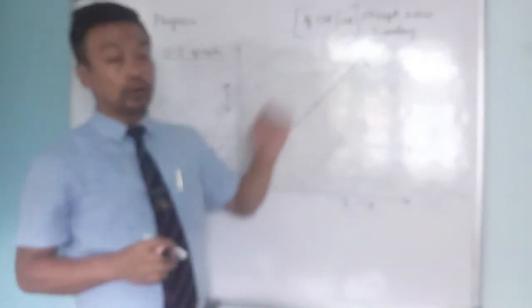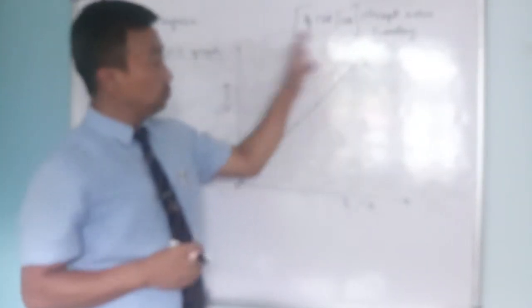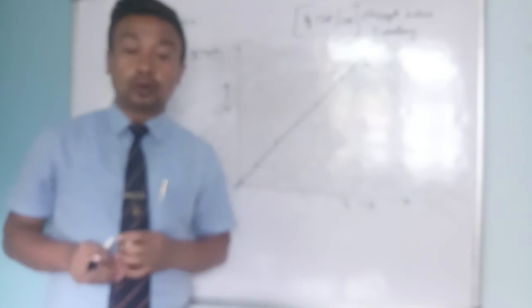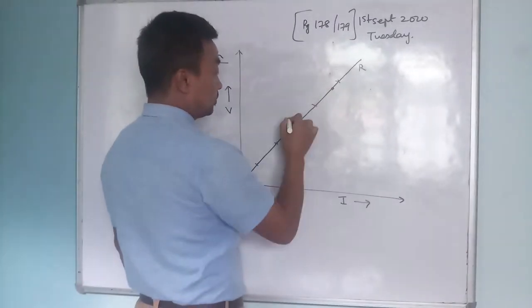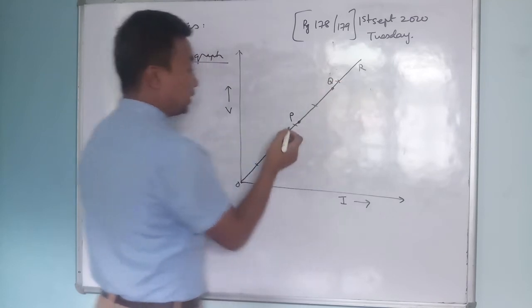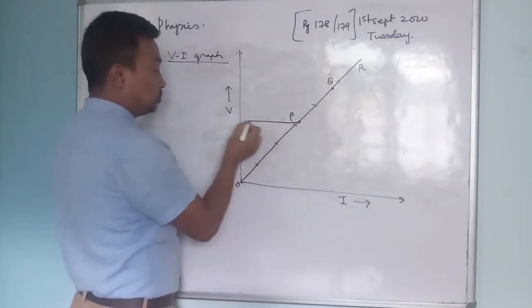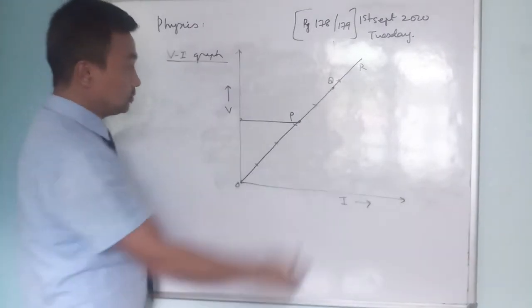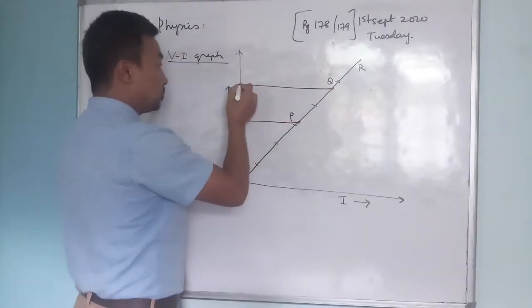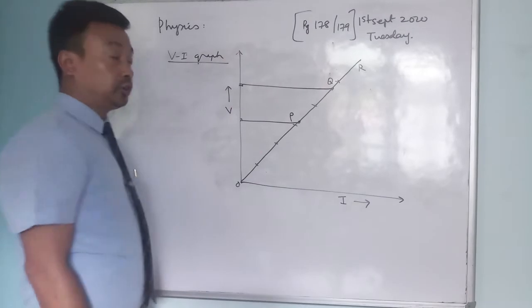The slope of the VI graph gives you the resistance. Suppose I take any two points here, P and Q, and from the points I drop perpendiculars onto the y-axis and the x-axis.